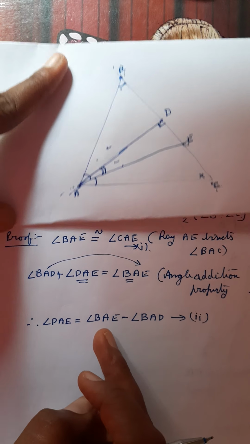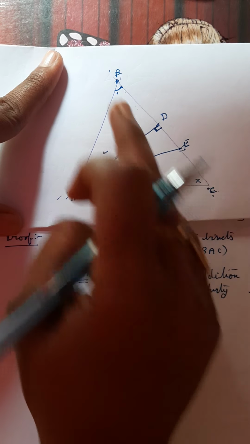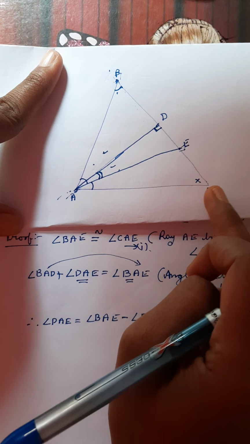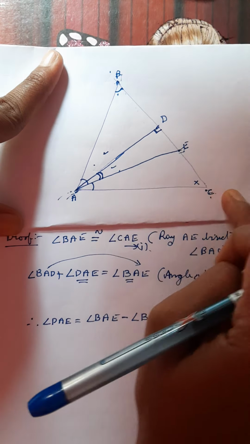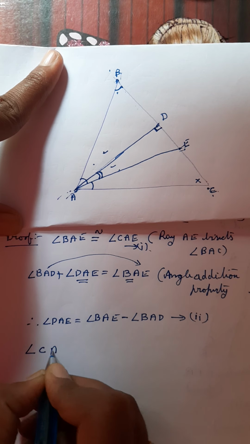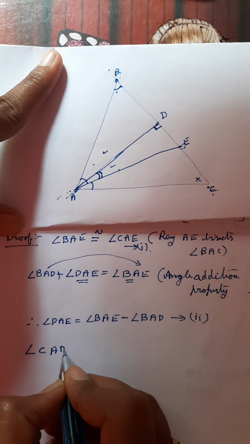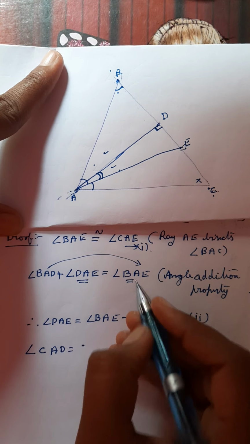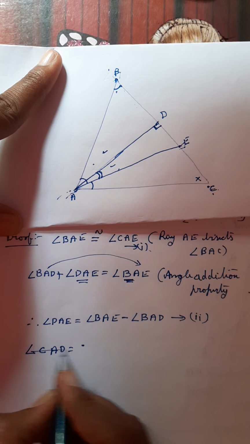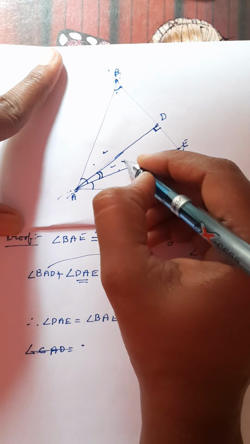Now one more angle addition property we will take, that is for CAD. Angle CAD, total we will write next. So here two angles we will get, this and this.